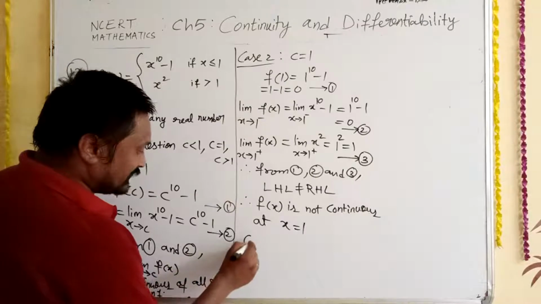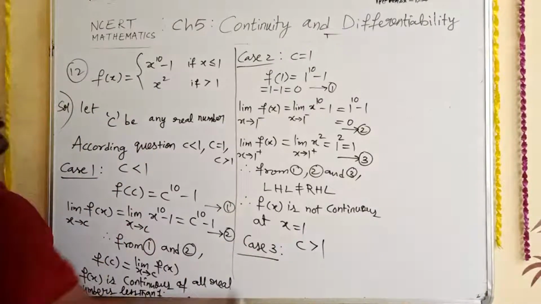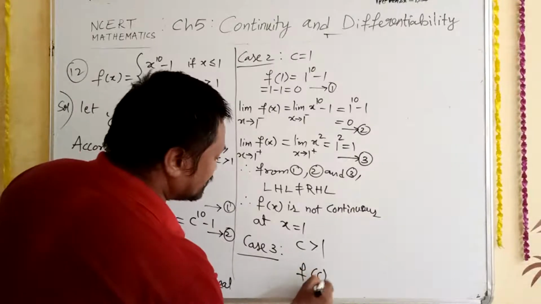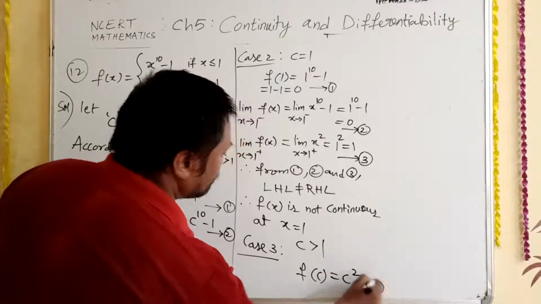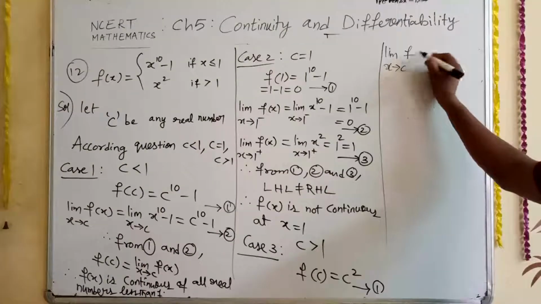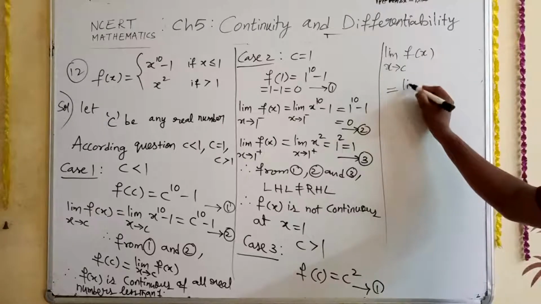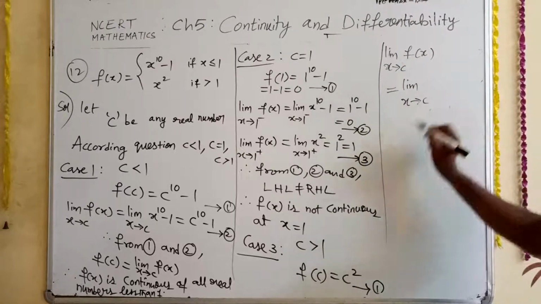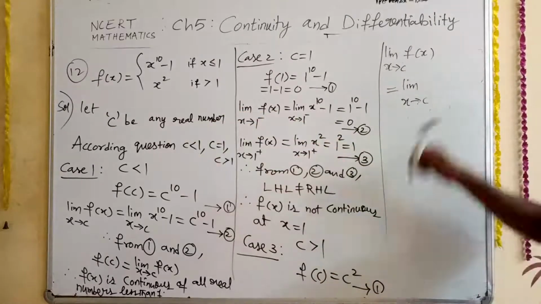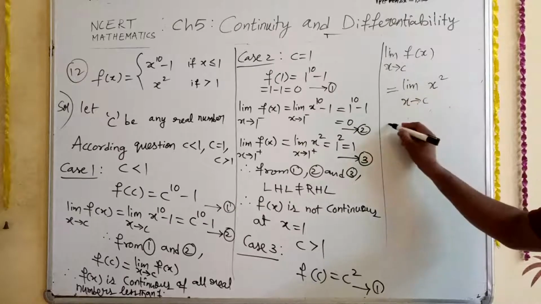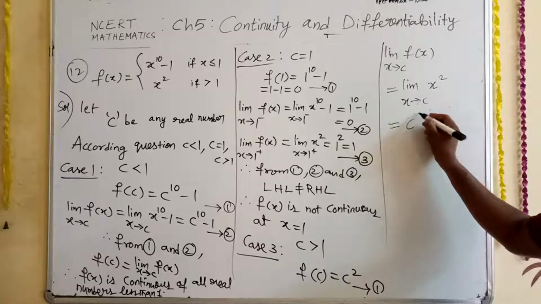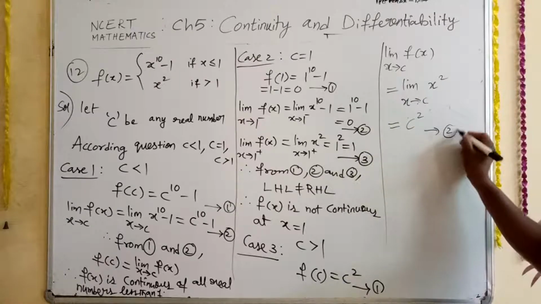Then the last case, that is C is greater than 1. Whenever C is greater than 1, what is your function? x square. So then f of C is equal to C square, equation number 1. And now the second equation is limit x tends to C of f of x. What is f of x? When C is greater than 1, you found that it is x square. Remove the limit, wherever x is there, substitute C. So C square, this is equation number 2.